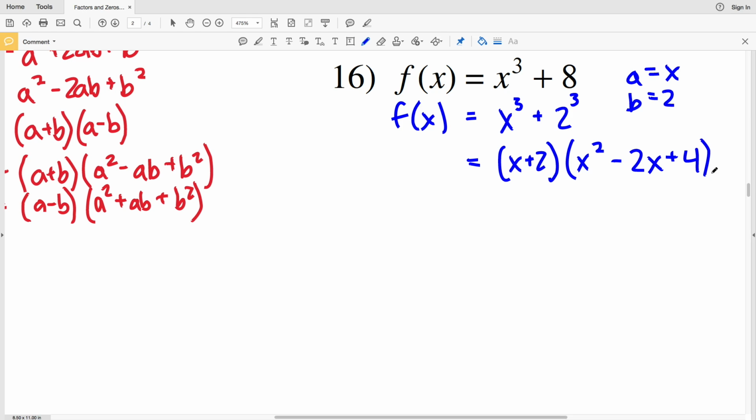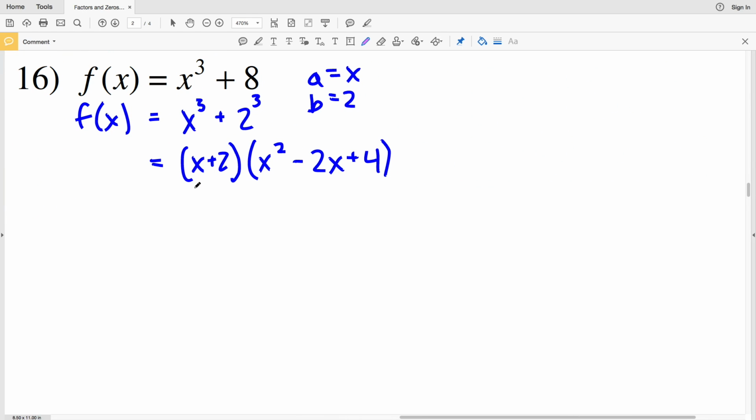Now, in order to find the zeros, we need to see when x plus 2 is equal to 0 and when x squared minus 2x plus 4 is equal to 0. There are no numbers that multiply to give me a positive 4 and add to give me a negative 2, so I'm going to use the quadratic formula to find the zeros of this quadratic.